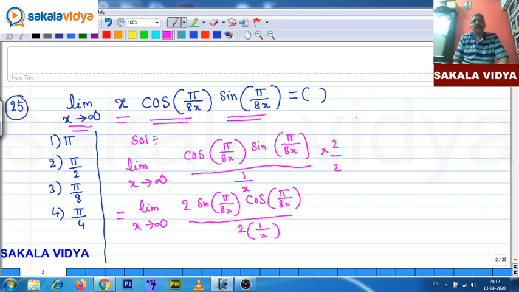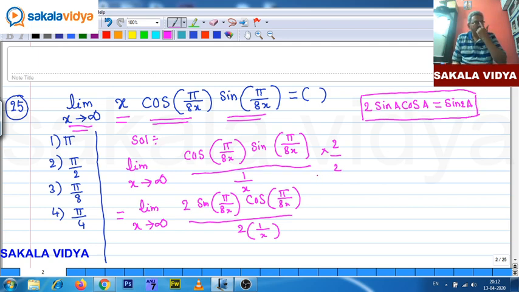So we have one formula, 2 sin A cos A, which can be written as sin 2A. This is the formula we have.